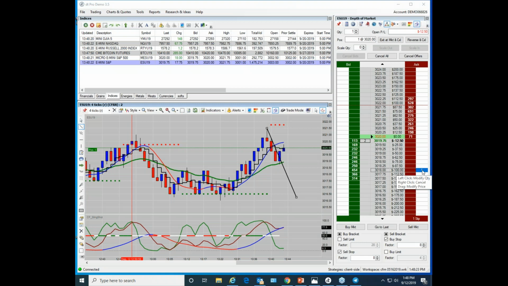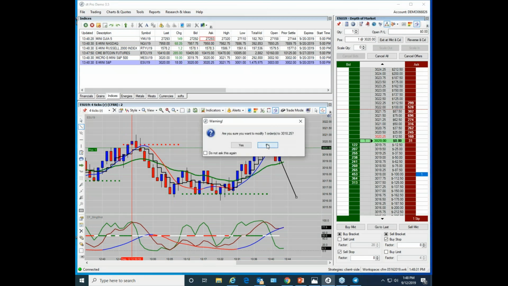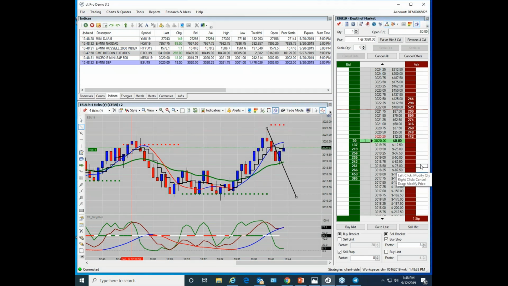So the way you do this really is you just left click over the one here, leave your mouse clicked, and just drag it. So watch. Drag, release. Drag, release. That's all you have to do.